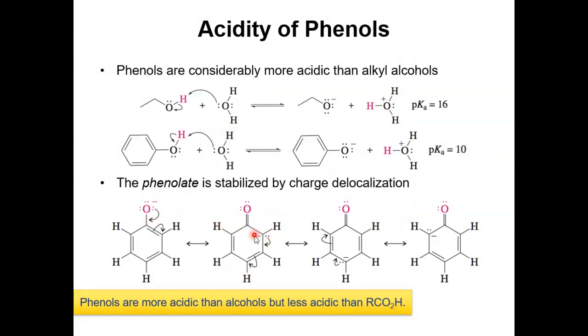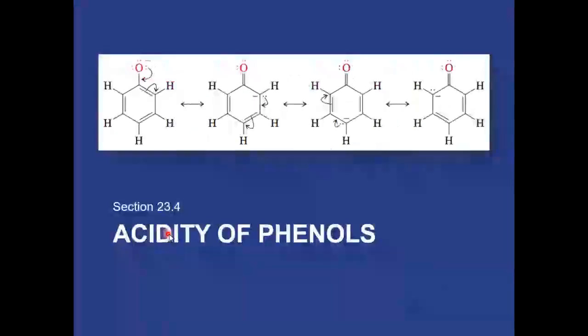And if it's donated to the ring, the negative charge could be on the carbon ortho to the oxygen atom or para to the oxygen atom, just like in the case of phenol. The only difference is that the phenoxide is even more willing to donate electrons to the aromatic ring compared to neutral phenol.